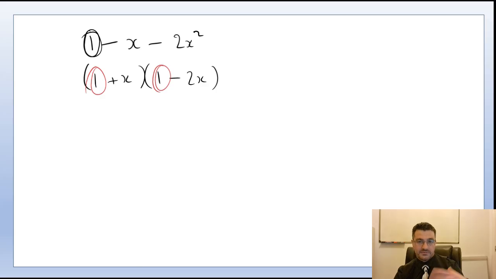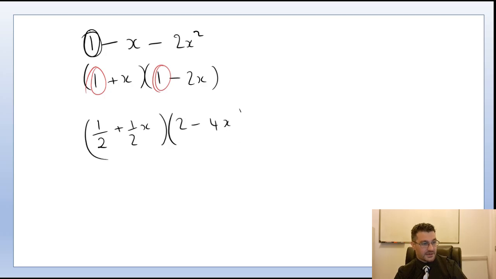we've seen that we can rescale factors and things like that. So we could have, for example, a half plus a half x times 2 minus 4x would also be a possible factorization. But for simplicity, it makes sense for us to have these numbers here as 1 rather than a half and 2.